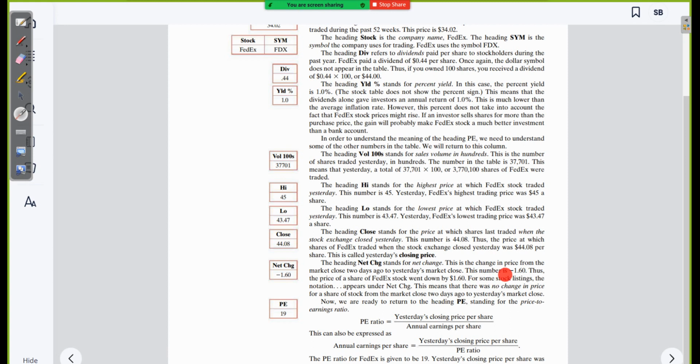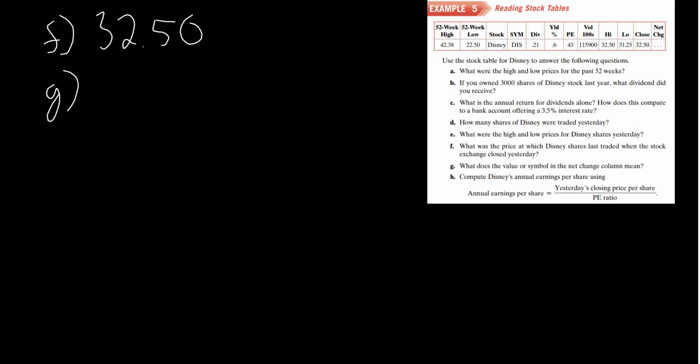The number is negative 160 right here, because that means that the share price closed $1.60 less than it was 2 days ago. And so in this particular case, I guess it just basically means that the price of our Disney stock didn't change at all. I mean, it went up, it went down, but it closed the exact same. And I don't really feel like writing all that, so we're just going to leave it blank.